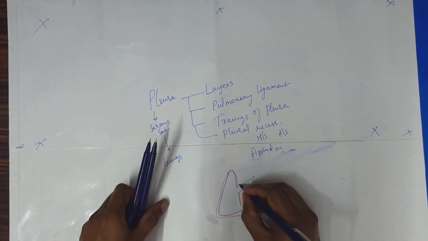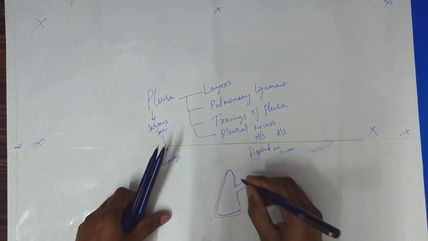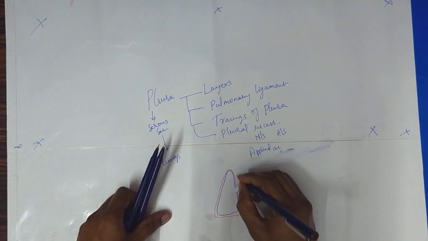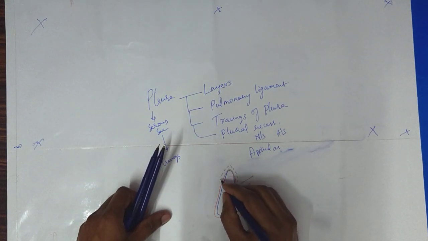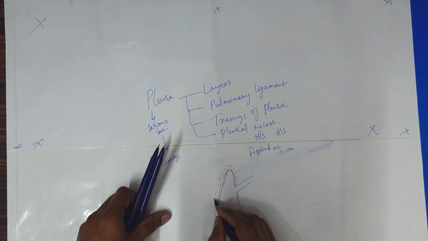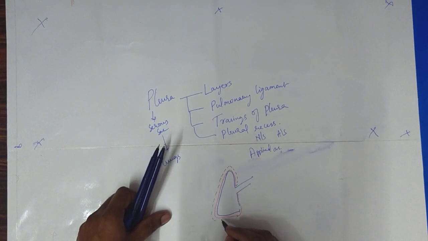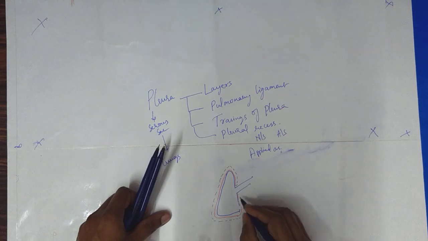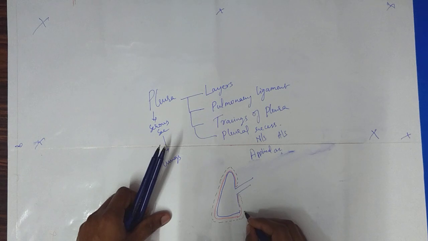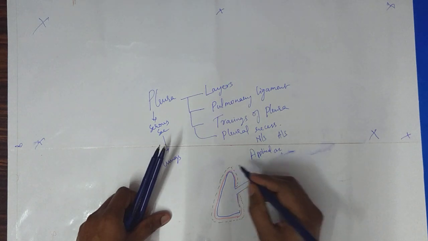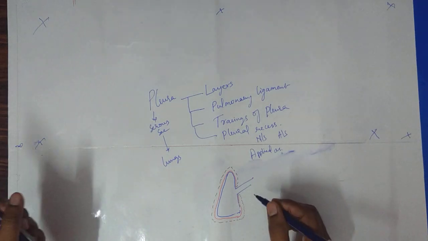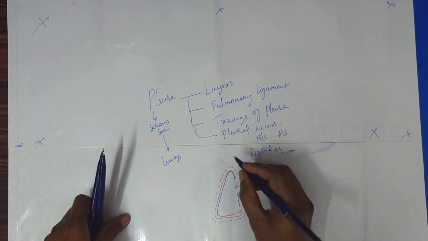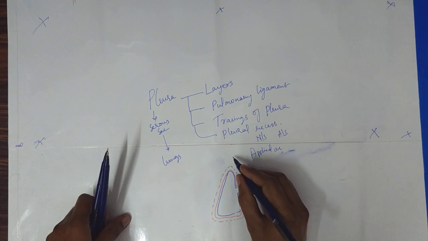Then here near the root of the lung, as I said before, the visceral and parietal pleura are in continuation with each other, and this dotted line is your parietal pleura, which is covering the mediastinal surface of the lungs, diaphragmatic surface, apical part of the lungs, and what lies outside the lungs, that is your thoracic cage. This is if you are seeing in an anterior-posterior view of your lungs.